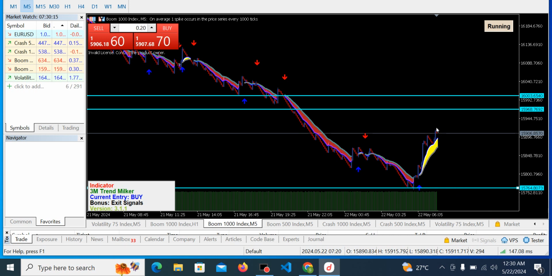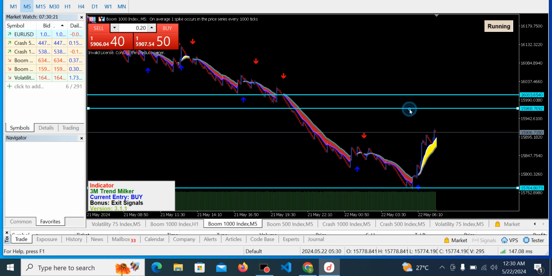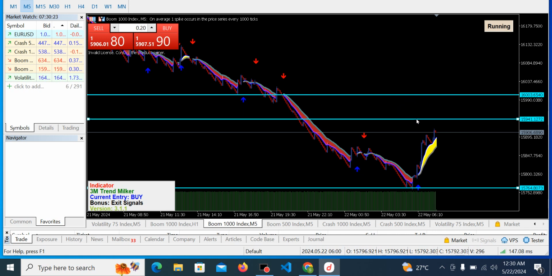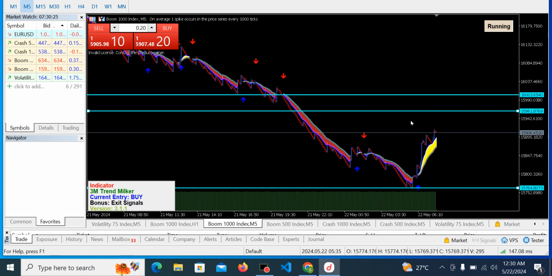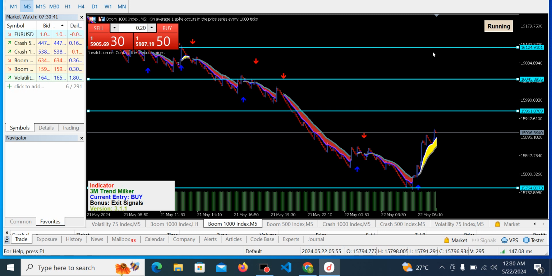That is why you see it spiking and spiking up, and as it continues, it will definitely get to this region at this moment, and if it breaks out above this, then definitely it will get to this point. So this should be your next TP, and if it breaks out from there, then we should expect it to get to here.